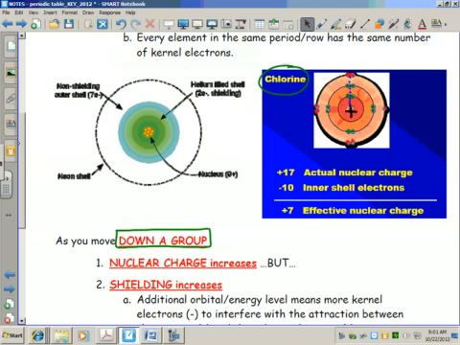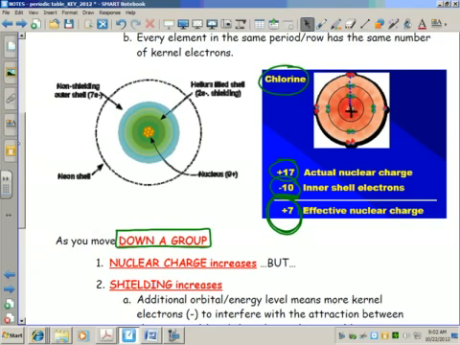This attraction between the positive protons and the negative valence electrons is actually screened by 10 inner shell or kernel electrons. So initially where you would think you have a charge of positive 17 pulling on those outer electrons, these 10 inner electrons screen that out, and you end up with an effective charge of only positive 7. It's a huge difference, 17 versus 7.